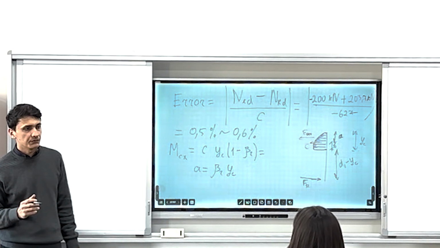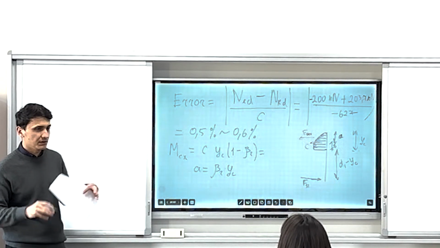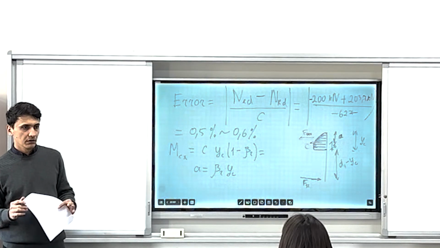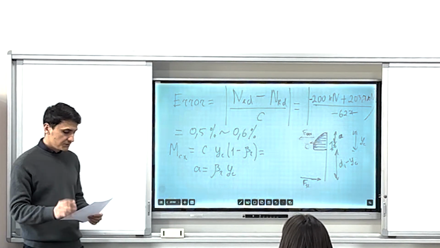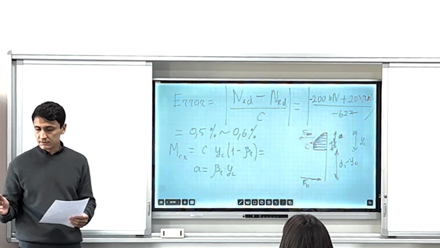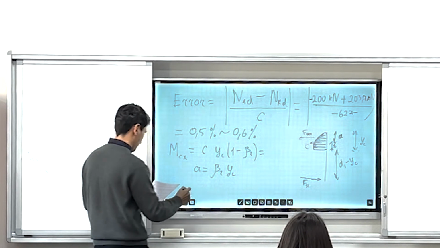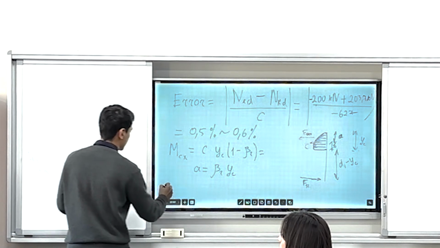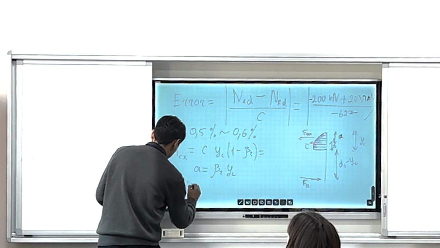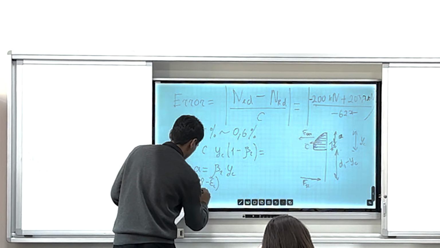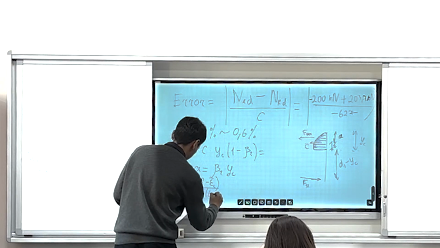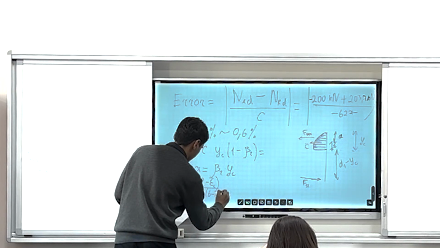Eurocode doesn't directly give the equation of beta 2, and also beta 1. Beta 2 is equal to 8 minus epsilon c divided by 4 times 6 minus epsilon c.